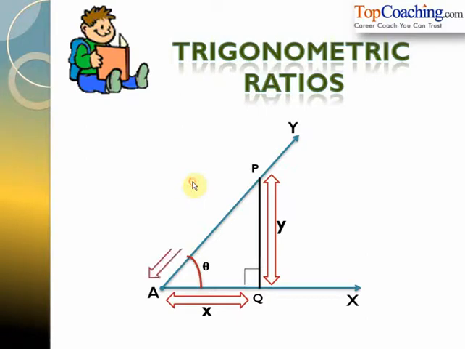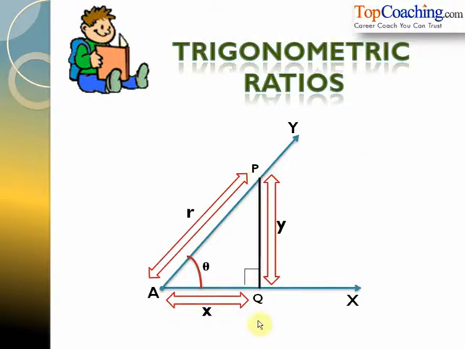And let us say that the length AP is equal to R units. Now, this is a triangle PAQ in which angle Q is equal to 90 degrees and angle PAQ is equal to theta. Also, the length of AQ is equal to X units, the length of PQ is equal to Y units and the length of AP is equal to R units.